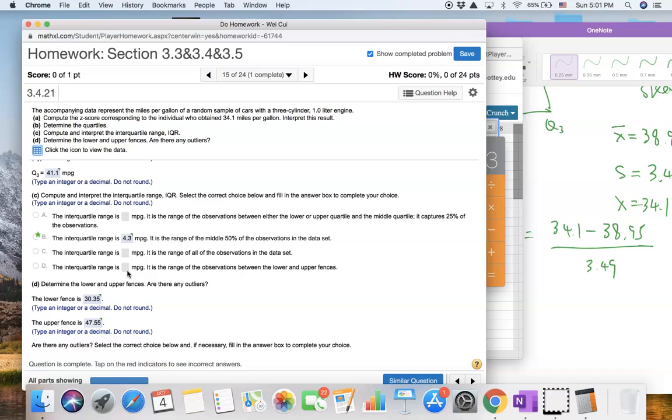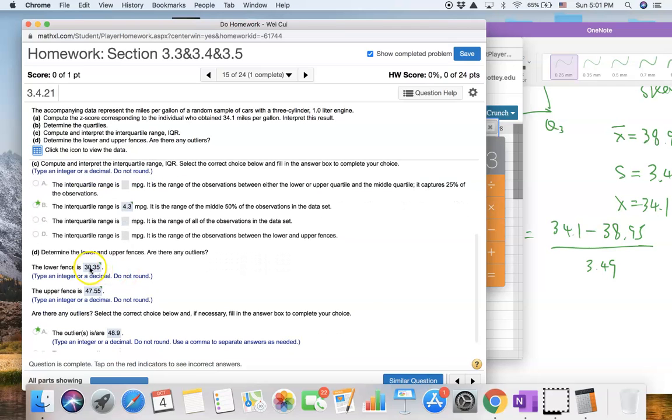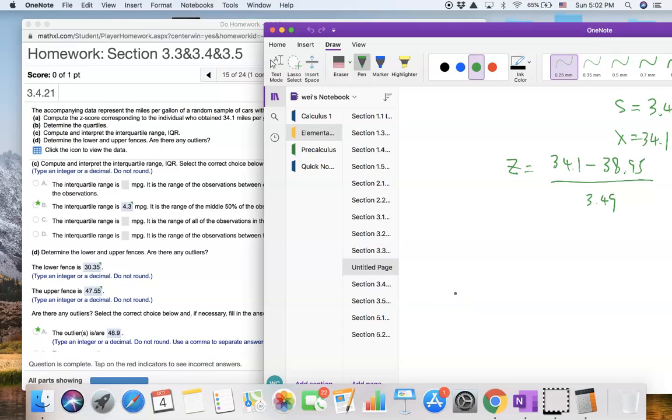Okay, and the lower fence and the upper fence. So we use these two formulas. We can find the lower fence and the upper fence.